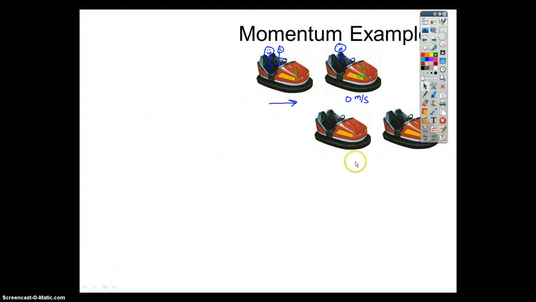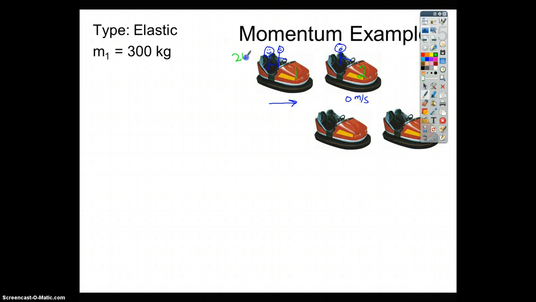The first thing they tell us in the problem is that it is an elastic collision. It's elastic because they're going to bounce off of each other. They also tell you that in the problem itself. The mass of the first car and the two boys together is 300 kilograms. That comes from 200 kilograms for the two boys, and the cart itself is 100 kilograms, so when you add the two together you get 300 kilograms.